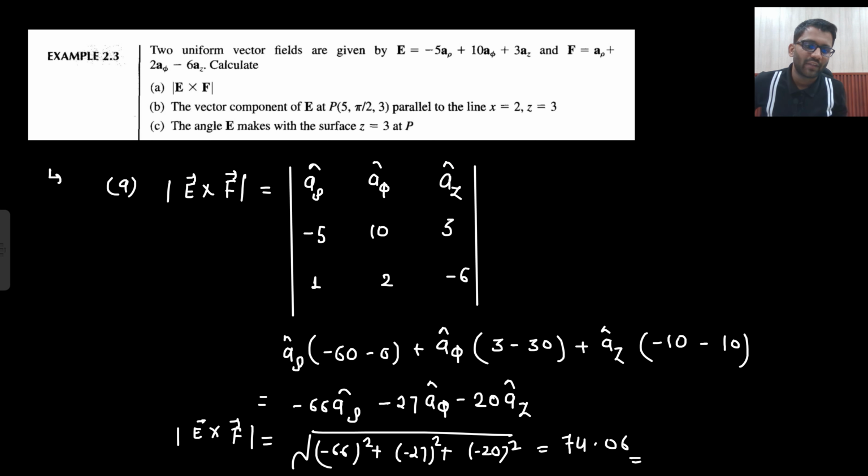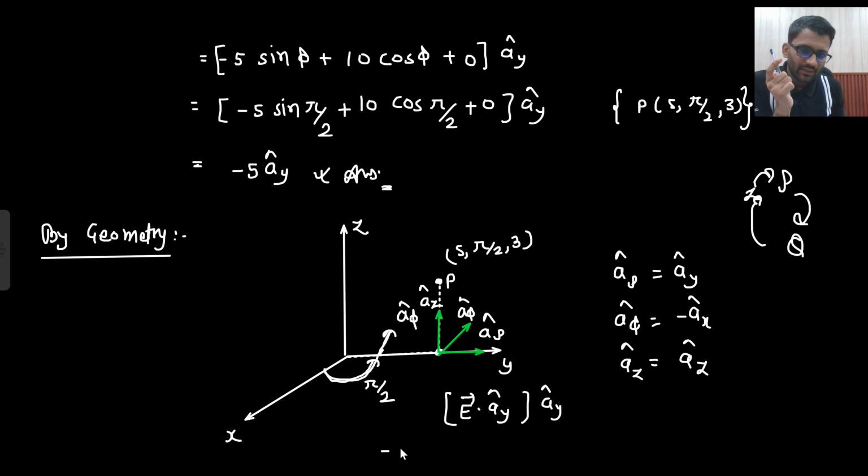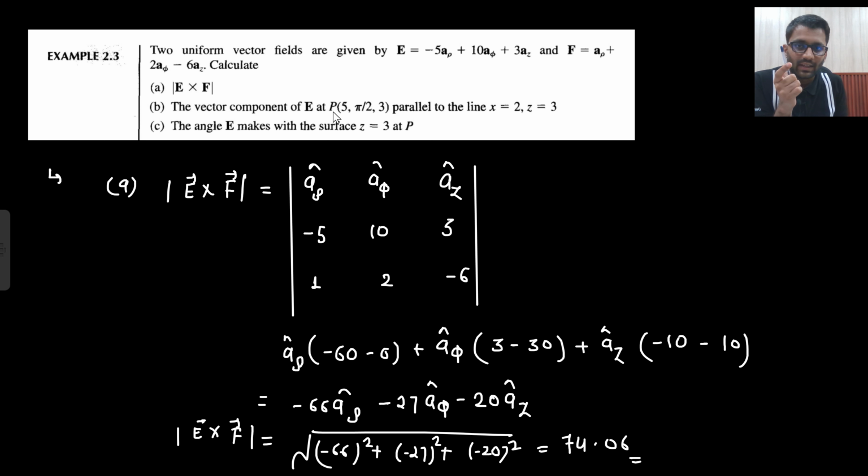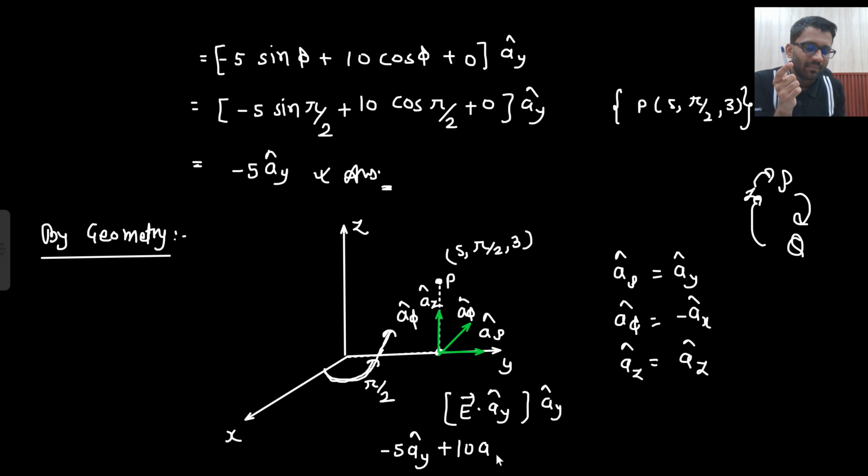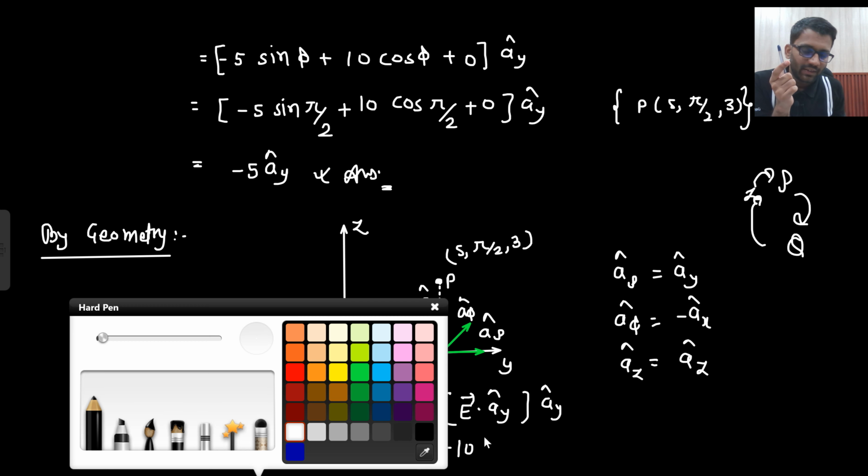So what will be my E dot AY cap? So what is my E? Minus 5 arrow. Instead of arrow, I will write AY. Minus 5 arrow, plus tan A phi. Instead of A phi, I am going to write minus AX.